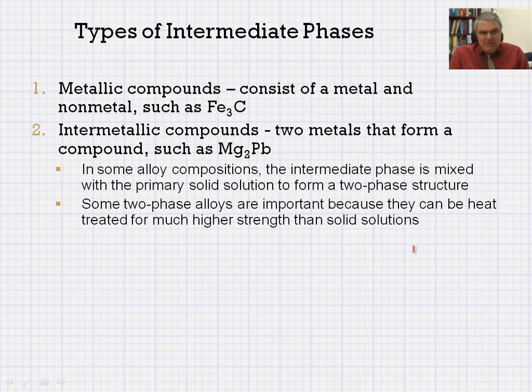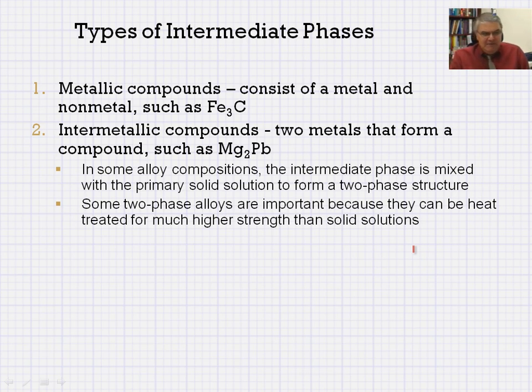So we have metallic compound as an intermediate phase, and we have intermetallic compounds. In this case, we have all metals, two elements, and they're both metals, and of course they have their own properties in some alloy compositions.